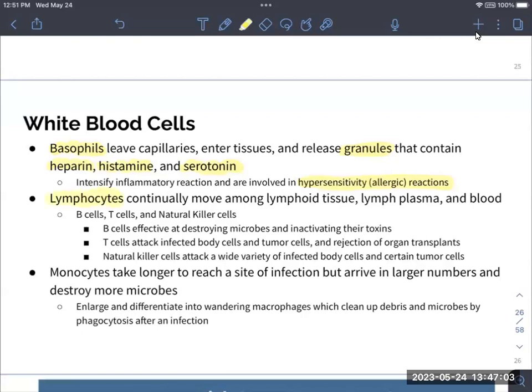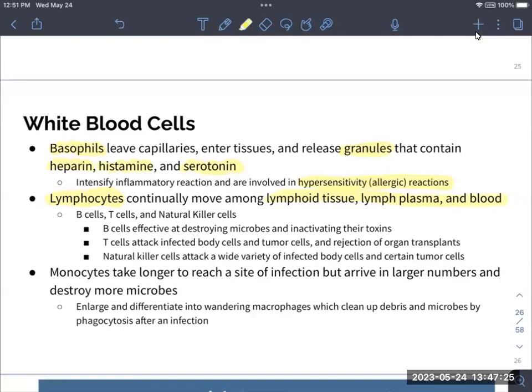Lymphocytes. These lymphocytes are found in our lymphatic tissue, our lymph, and they're found in our blood. Some of our lymphocytes are very specific to what they're going to.